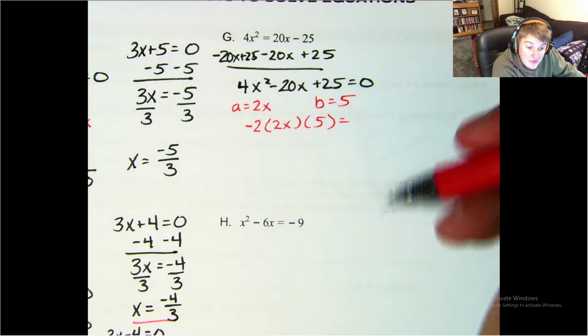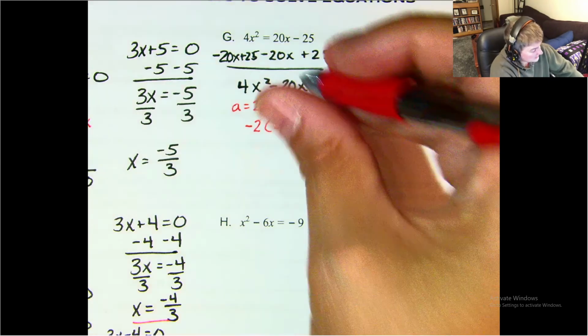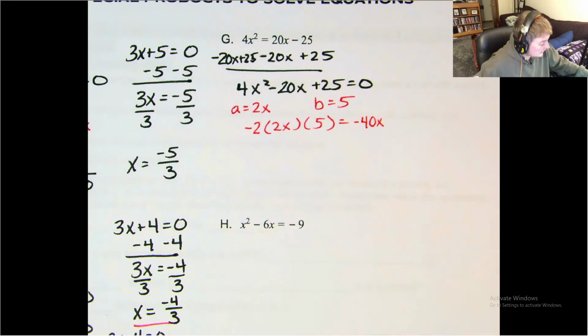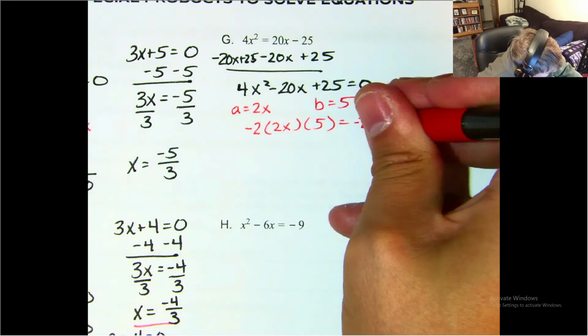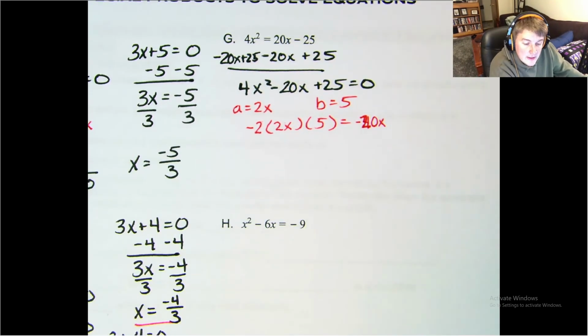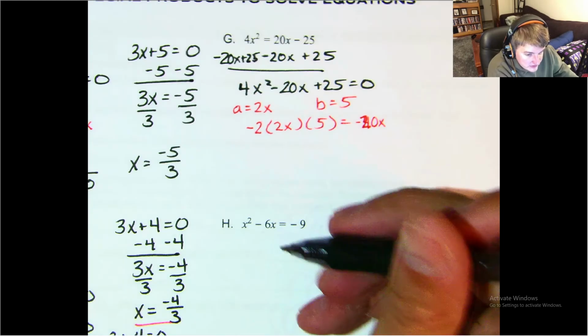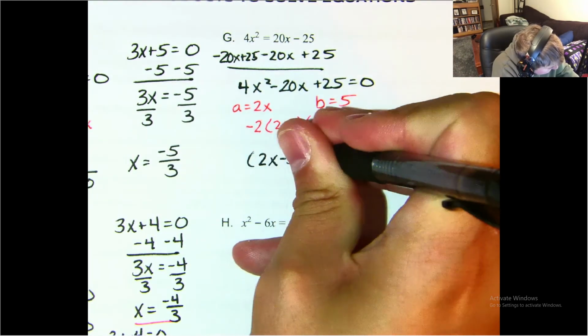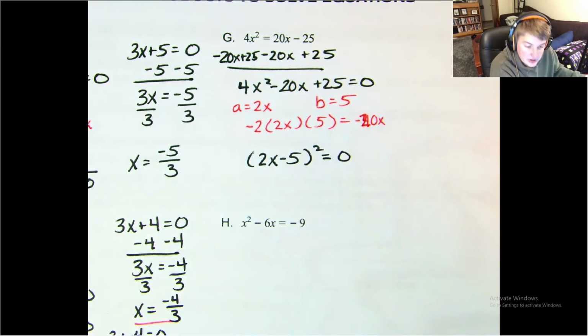Negative 4x times 5 is negative 20x. I misspoke. Okay. So this is indeed a perfect square trinomial, meaning that we can go ahead and factor this into 2x minus 5 squared, which is equal to 0.